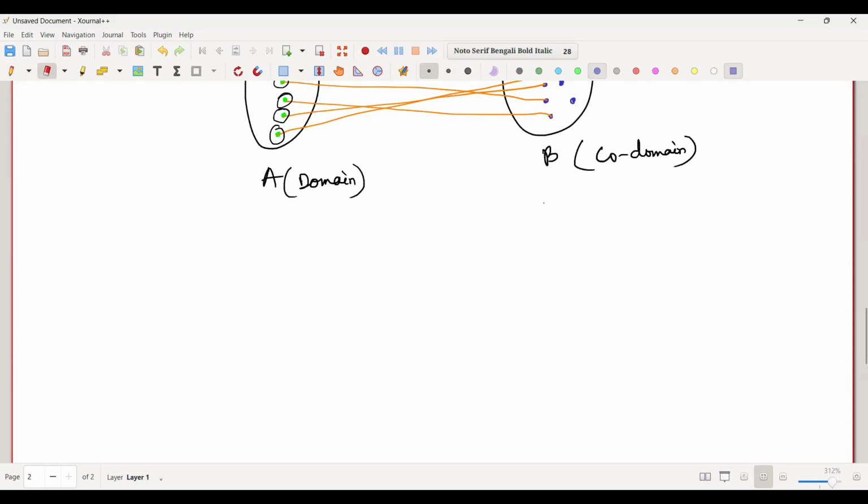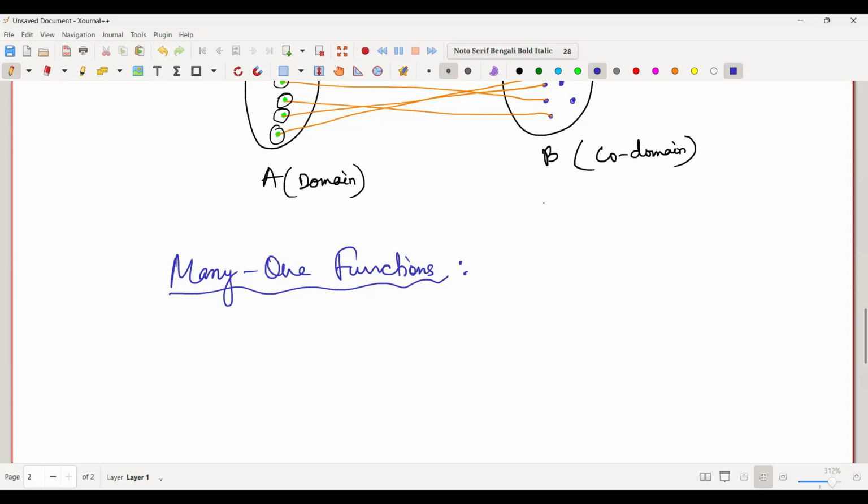This is a many-one function. Many-one functions: two or more than two elements have the same image.